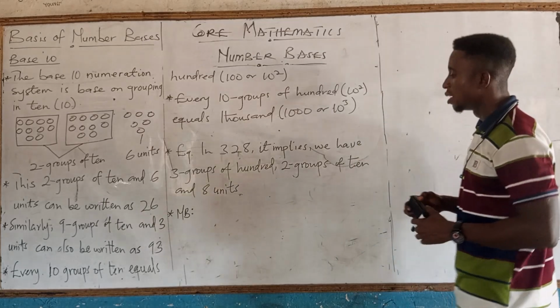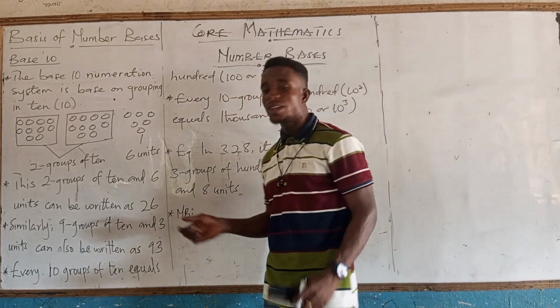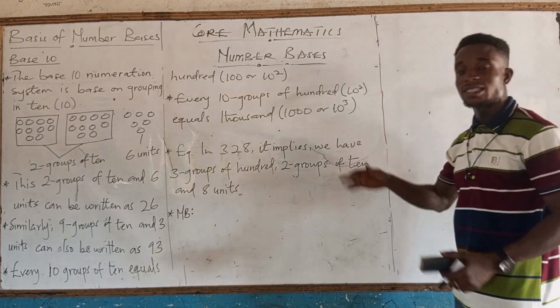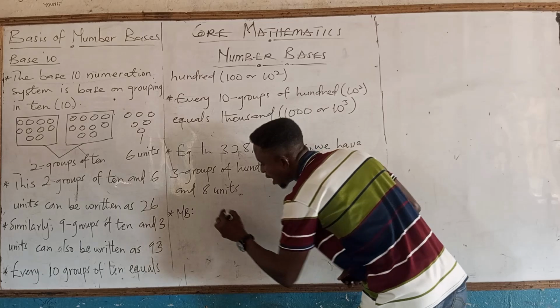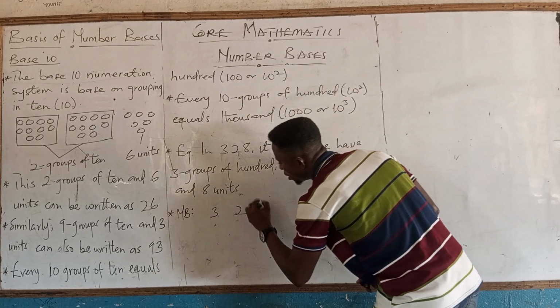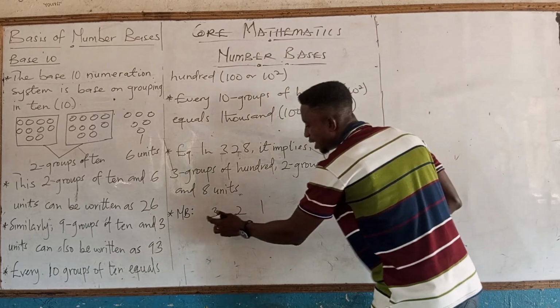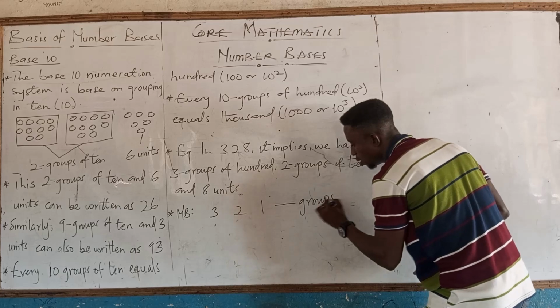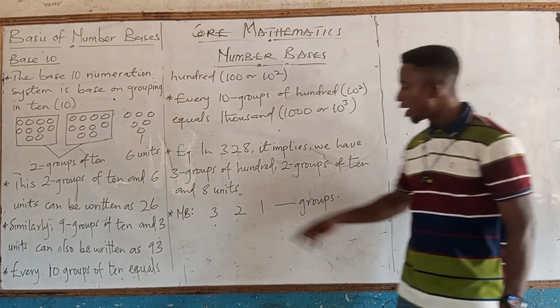So let's now proceed. So NB, there's something that you have to note from this one, or whatever that we are saying. Now we can critically see that I can have what? This 3, these 2, this 1. And they are being for what? The groups. So we get to what?